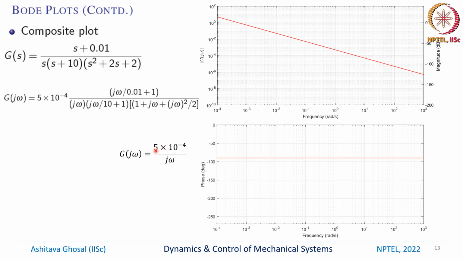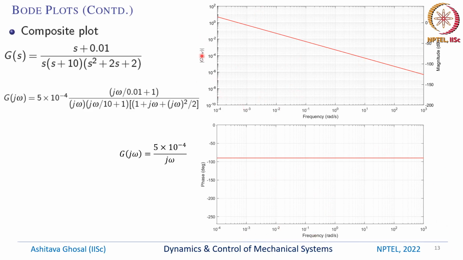The first term is 5 into 10 to the minus 4 divided by j omega. So this is like k divided by s. The magnitude plot looks like this: it is decreasing because it is in the denominator, and the phase is constant at minus 90 degrees. So we can plot this first term as a magnitude and a phase, one below the other with the same x-axis, which is the frequency.